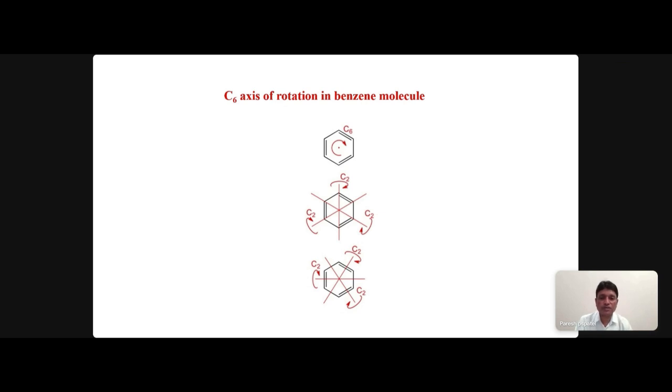So in case of benzene, C6 is perpendicular to six C2s. So C6 is the main principal axis and the six C2s are the subsidiary axes. If we operate the C6 symmetry operation on the benzene molecule, the symmetry operations can be represented as C6^1, C6^2, C6^3, C6^4, C6^5, and C6^6.